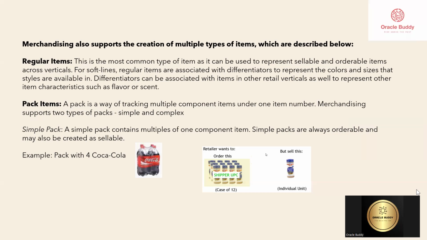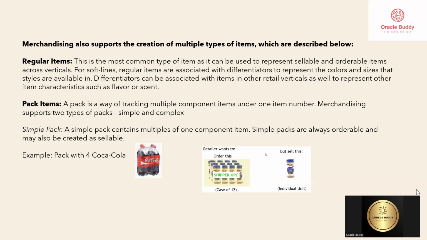So here we can see it in a picture. There is an example of a pack item which is a pack of 4 cola. If you see, the 4 colas are packed together as a pack item. So it can be ordered as a pack of 4 colas under one SKU.